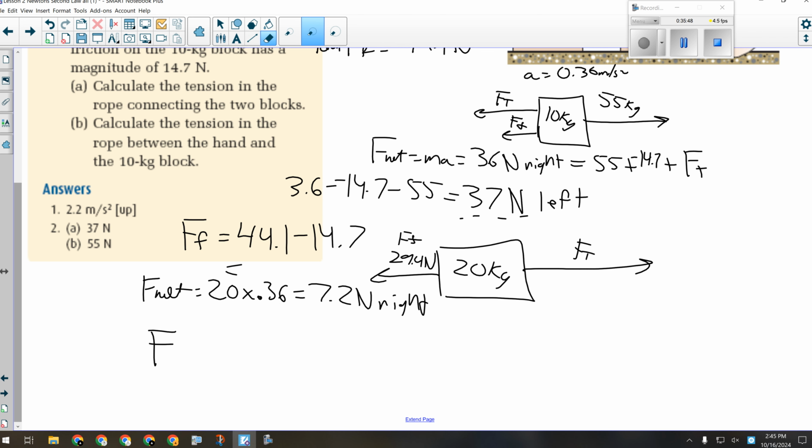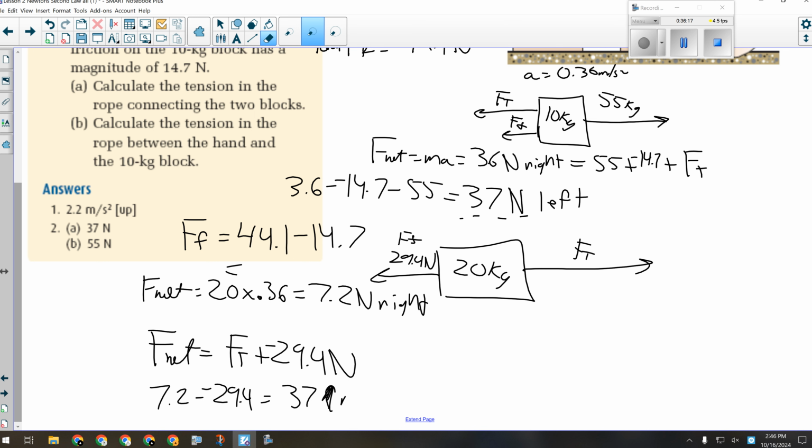I also know that F net equals the force of tension plus the force of friction, which is negative because it's backwards. Then if I want to find force of tension, I take my net force, 7.2 minus negative 29.4, and I get 36.7, but it still comes out to 37 newtons. Right.